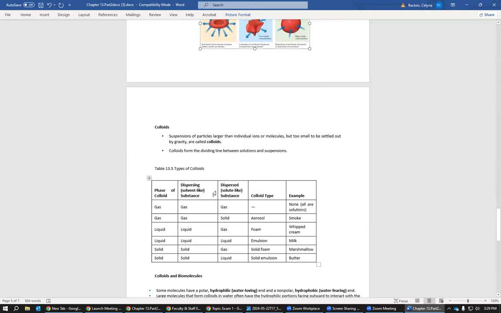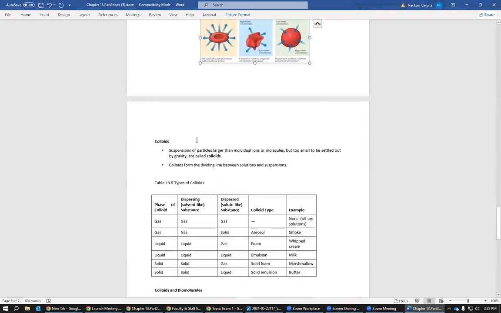Then the next topic here is colloids. Suspensions of particles larger than individual ions or molecules, but too small to be settled out by gravity, are called colloids. Colloids form the dividing line between solutions and suspensions.